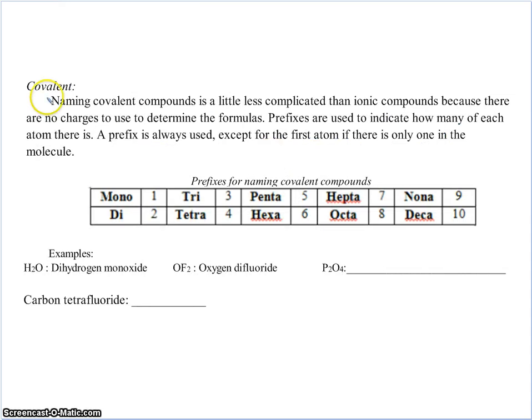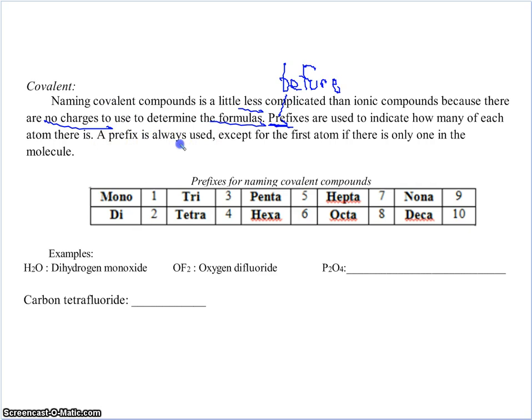Let's keep going. Here's the covalent part. Naming covalent compounds is a little less complicated than ionic compounds because there are no charges to use to determine the formulas. Well, how do you figure it out then? Prefixes are used. So I know pre is like before. So this is before the word. Prefixes are used to indicate how many of each atom there is.